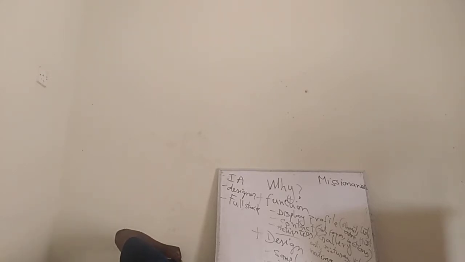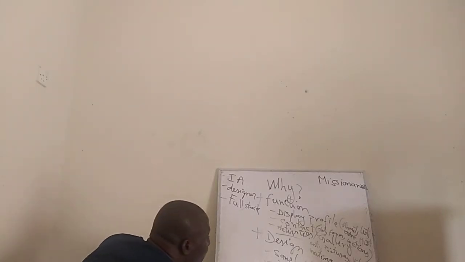So we need a form that visitors will fill to contact them, and we will also display their location or locations, because that is part of the information needed to locate them or contact them. So form, then location.